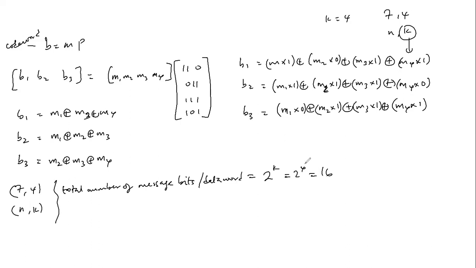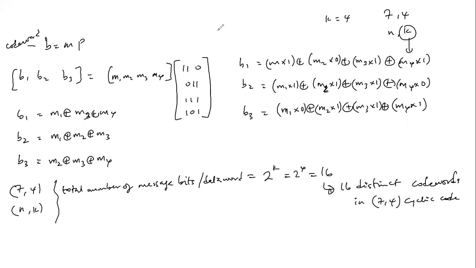Okay, so hence we have 16 distinct code words in the 7 by 4 cyclic code. So to design the 16 distinct code words, we invoke the 16 possible data words using the truth table for the 16 possible binary combinations.